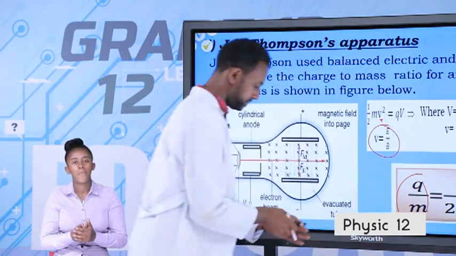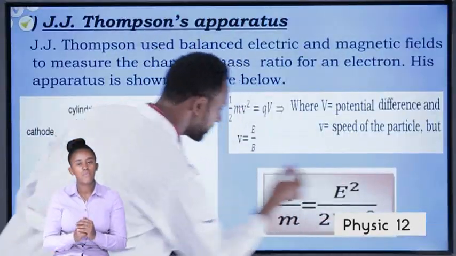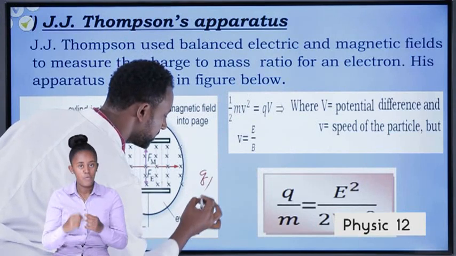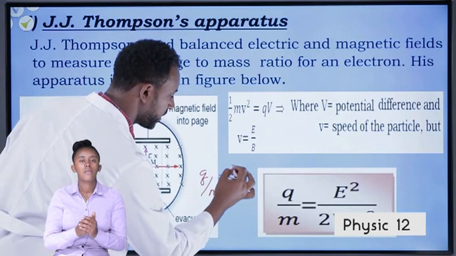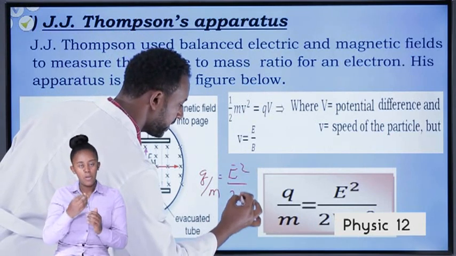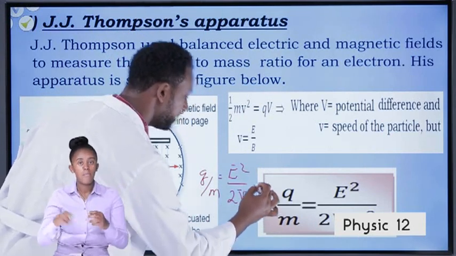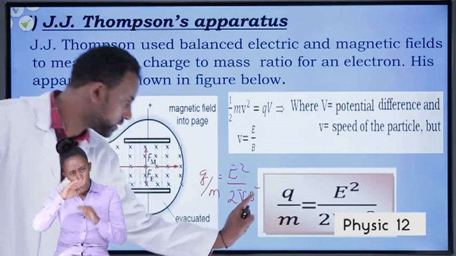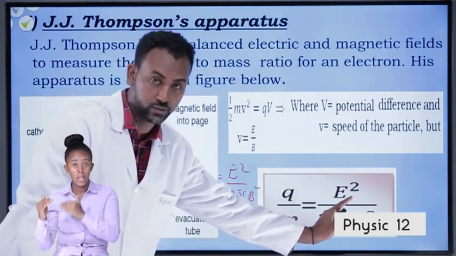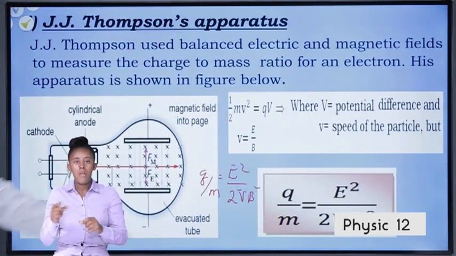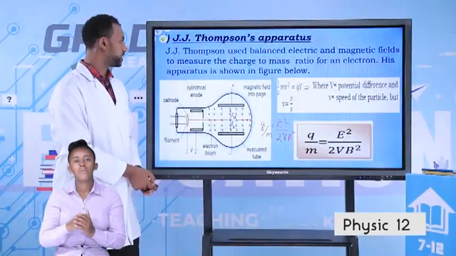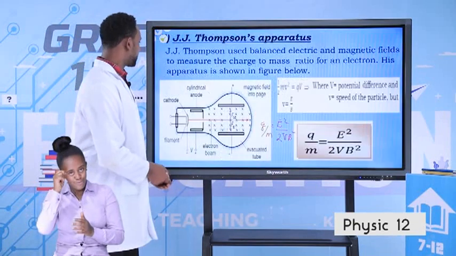In this case, it's possible to find an expression for the charge per mass ratio as E squared over twice V times the magnetic field B squared. All those quantities on the right side of the equal sign are measurable and controllable. Therefore, it's possible to find the charge per mass ratio using J.J. Thomson's apparatus.